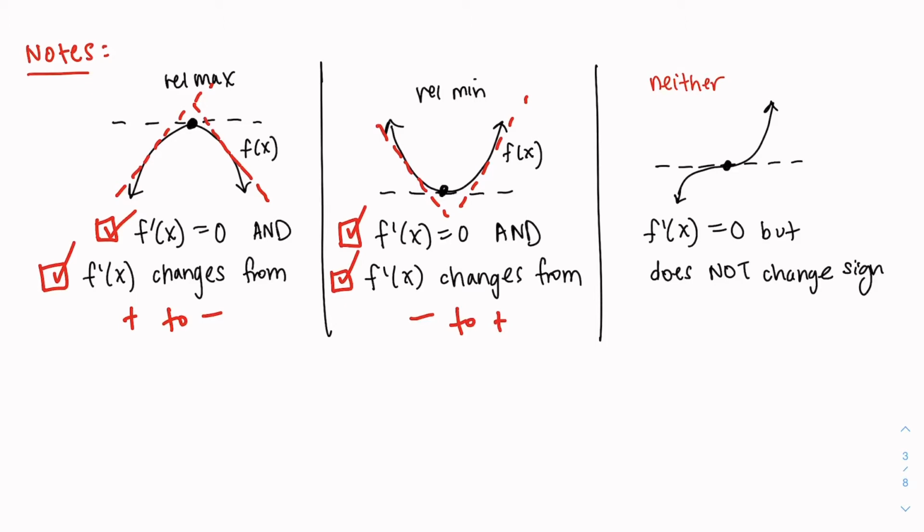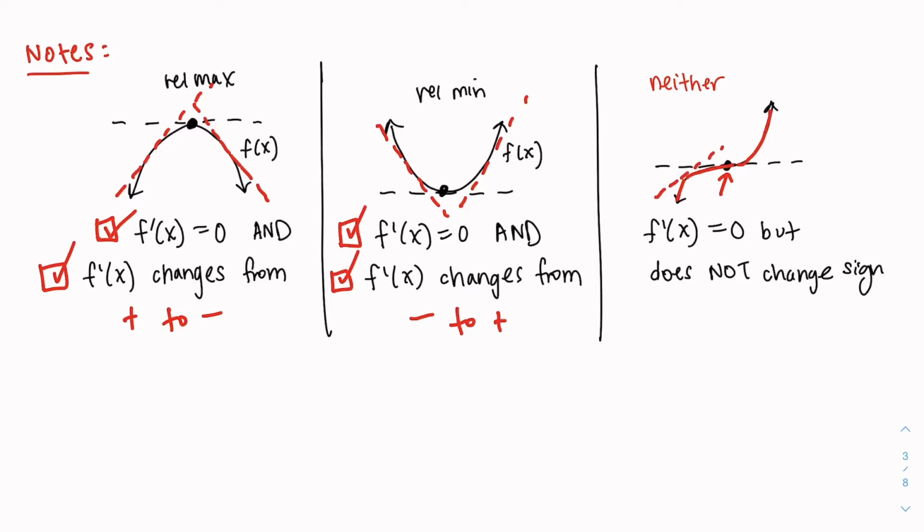So we have a plateau, and specifically our graph is changing from decreasing to increasing. Now notice in this third scenario over here, my graph has a horizontal tangent line, but it's increasing on the left, and it continues increasing on the right. So the slope doesn't change signs.